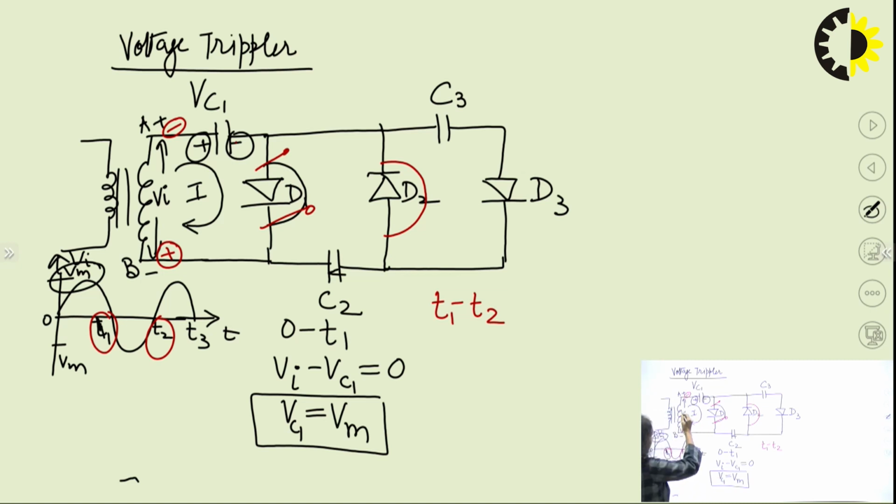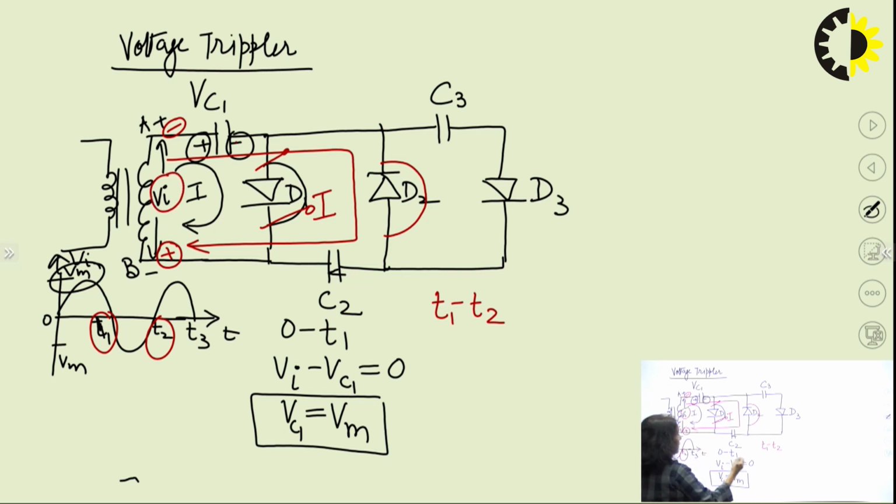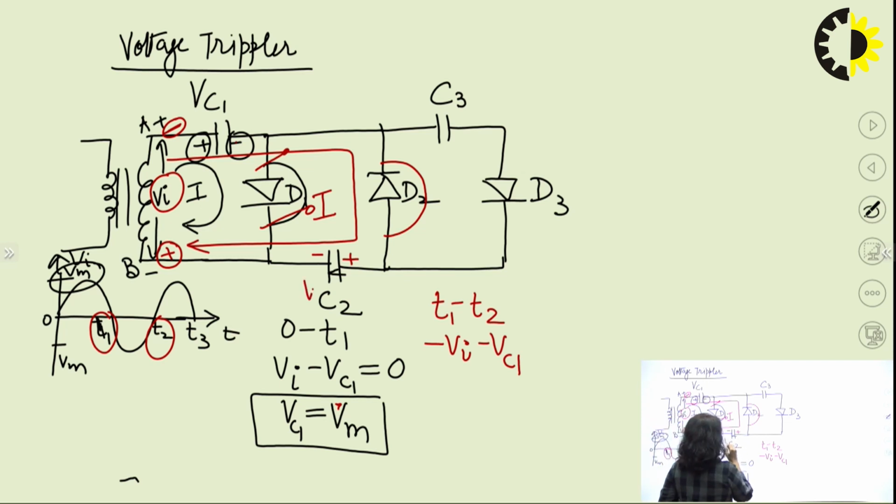So, now again we assume that current is flowing in the second loop shown by red pen, and here we can see that by writing the KVL for the second loop, we can write minus of Vi, because now the polarity is at negative potential, minus of Vi minus Vc1, and because of the direction of the current, this is plus and this is minus, let us say Vc2.